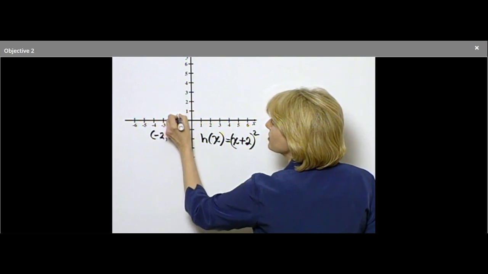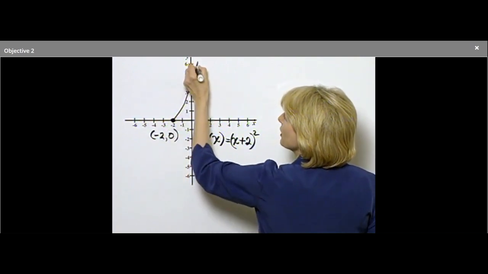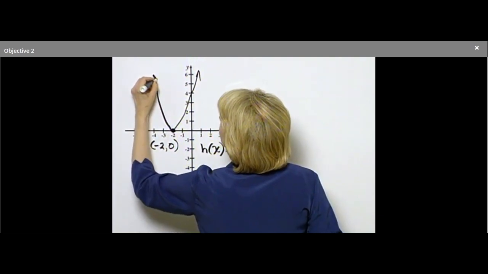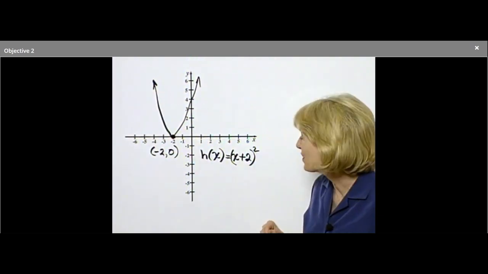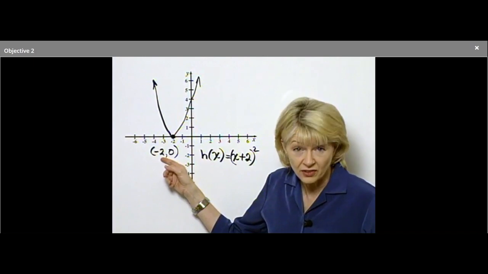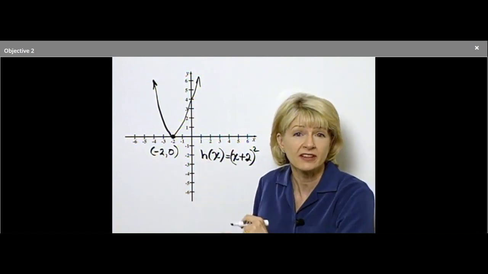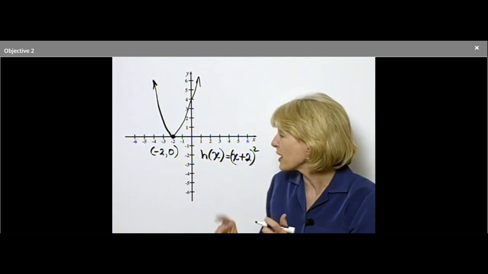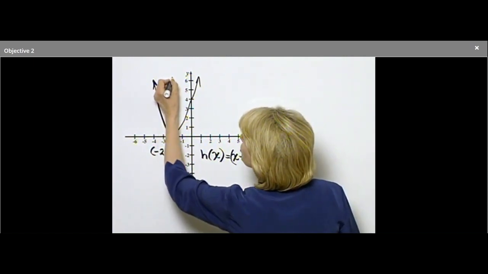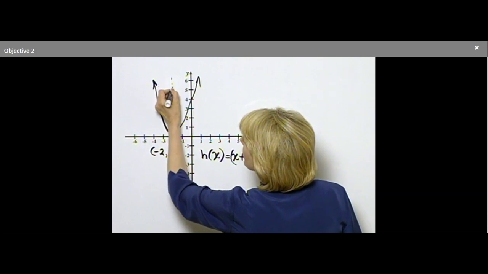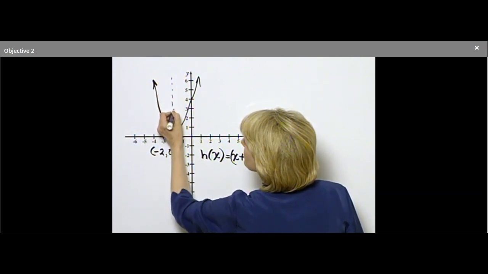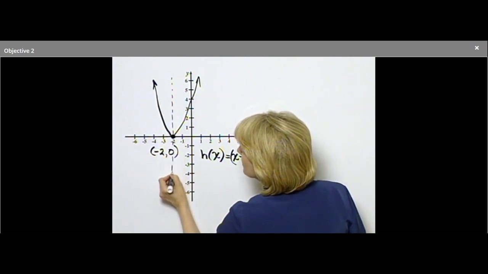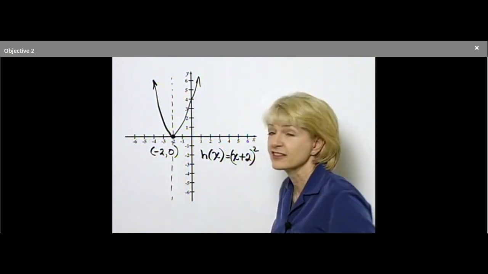I'll sketch the general shape of this graph and try and make it look symmetric. This is the vertex, but you'll know what the vertex is just by how you shifted the parabola. Now, by the way, you can also probably just see that as long as I sketched it so that you can notice, here is now the axis of symmetry.